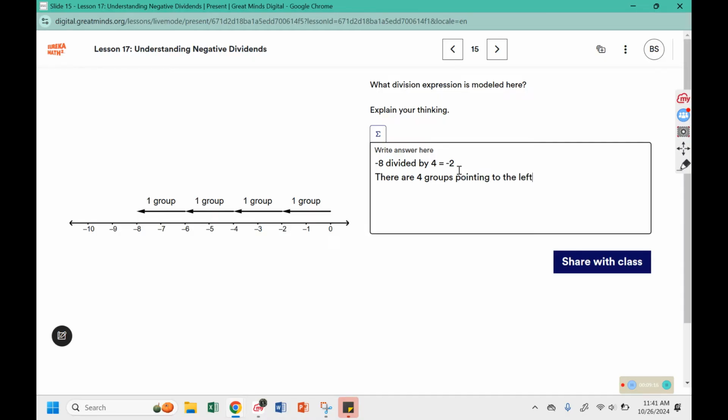There are 4 groups pointing to the left to represent negatives, and each arrow is 2 long, or has a magnitude of 2.